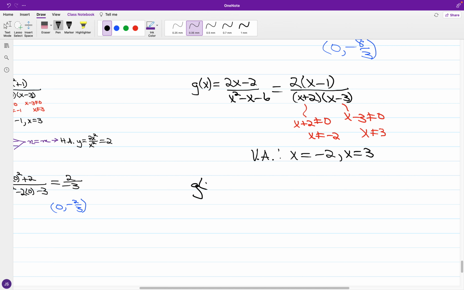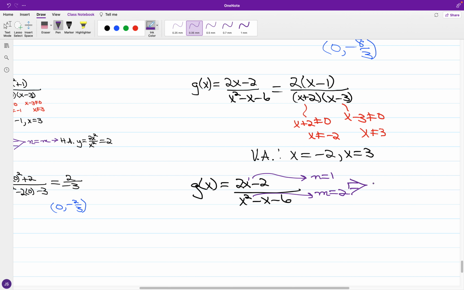And we can go ahead and see if there are any other asymptotes. With 2x minus 2, x is first degree, so n is equal to 1. And from the denominator, from x squared, m is equal to 2.